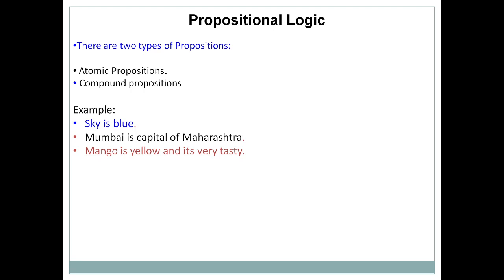Mango is yellow is one statement and it's very tasty is the second statement. In this case we make use of a connective called a conjunction, represented with the help of and. So mango is yellow and it's very tasty is an example of a compound proposition. So there are two types of propositions: one is atomic and the second is compound.